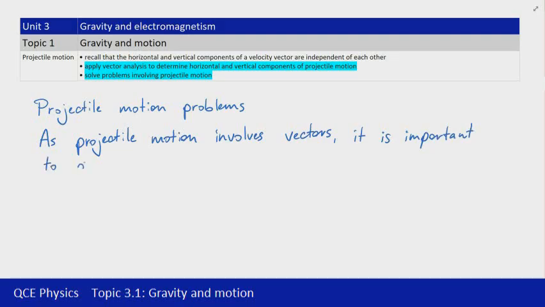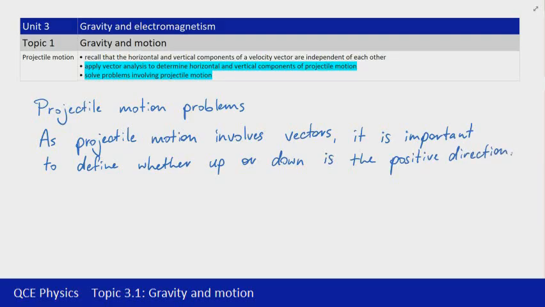So it's important to define whether up or down will be positive. Now there are a couple of options. You can always just have up as being positive, and just always deal with the fact that gravitational acceleration will be negative, or you can change the positive direction based on the scenario that you're dealing with.